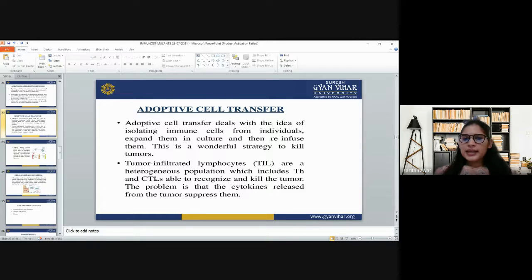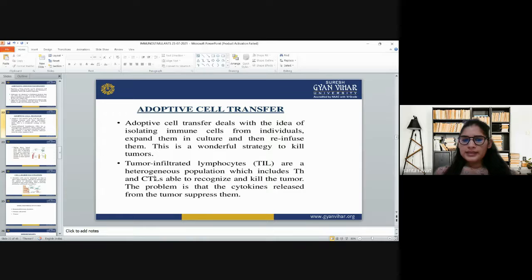Now, next we have adoptive cell transfer. Adoptive cell transfer deals with the idea of isolating immune cells from an individual, expanding them in culture, and then reinfusing them. This is a wonderful strategy to kill tumors. Tumor-infiltrating lymphocytes, TIL, are a heterogeneous population which includes TH cells and CTLs able to recognize and kill the tumor.